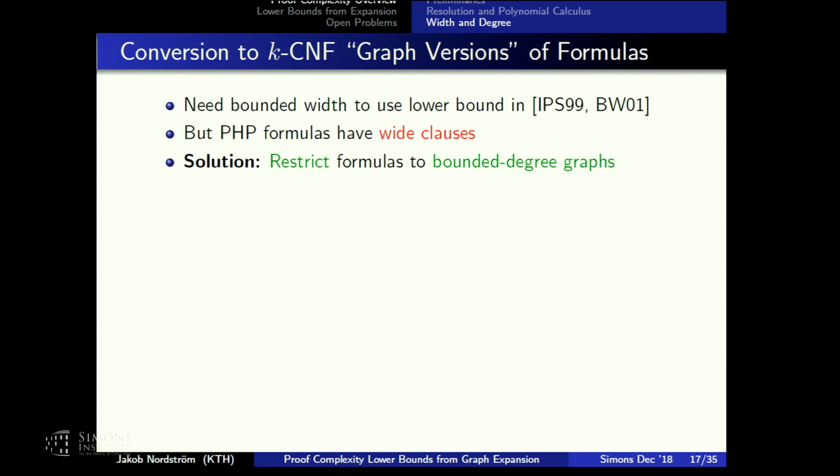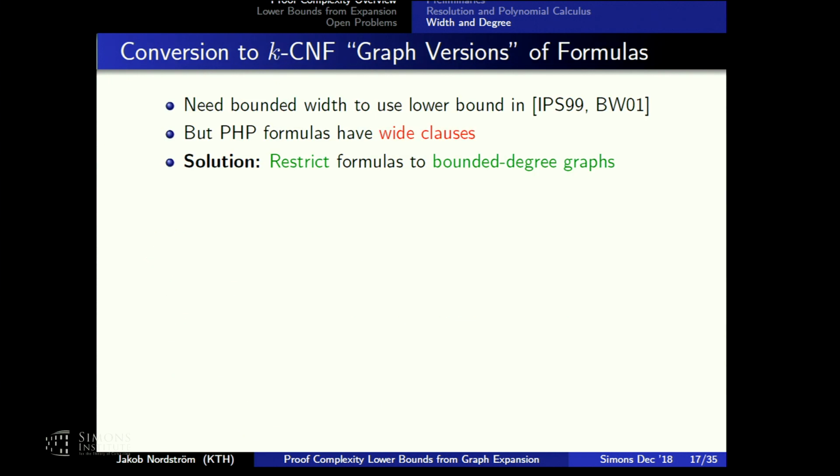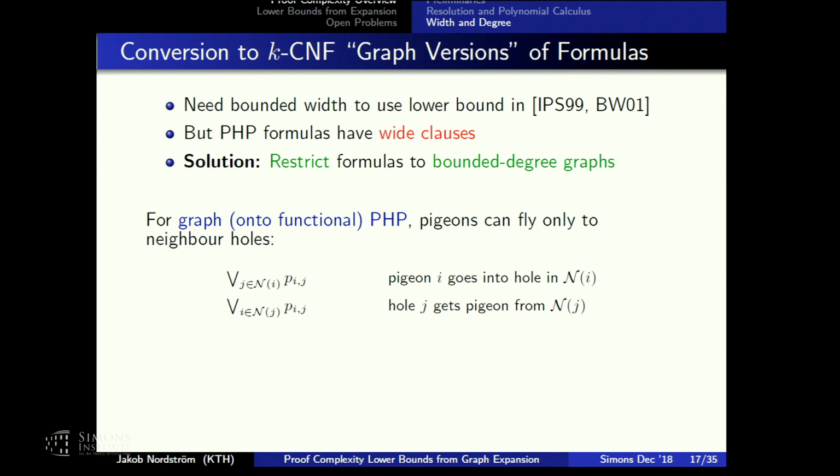Now I'm going to tell you soon about how to prove the lower bounds, except, if you were paying attention, there's a problem if you want to use this to prove pigeonhole principle lower bounds, because the proof width is obviously very large here, since the initial clauses are very large. So for the pigeonhole principle, we hit the formula with a random restriction, so we restrict pigeons so that they can only go to, say, a constant number of randomly chosen neighbors.